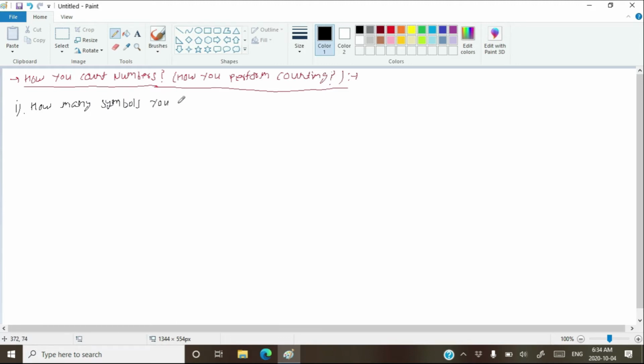You have a total of 10 symbols for counting: 0, 1, 2, 3, 4, 5, 6, 7, 8 and 9. Total 10 symbols. Very good. The second question is how you count.